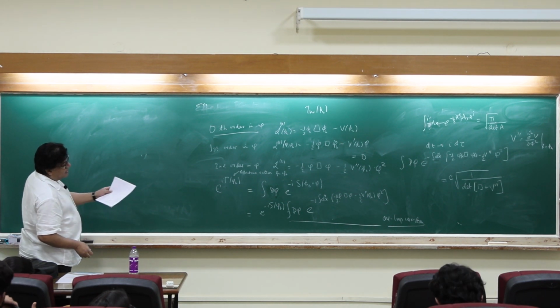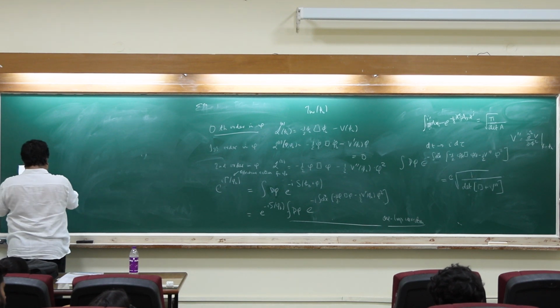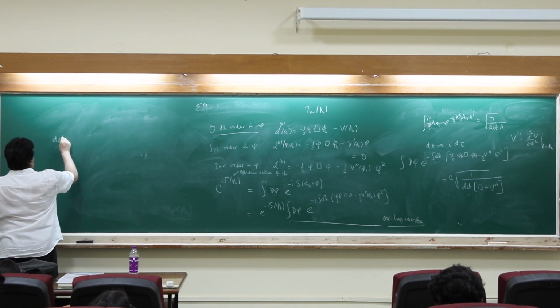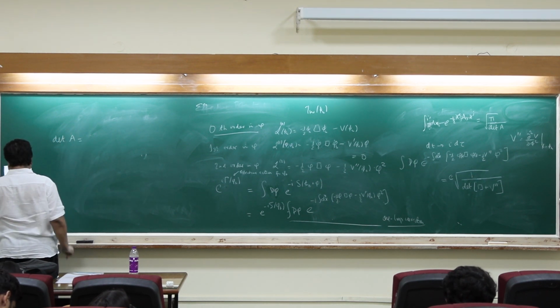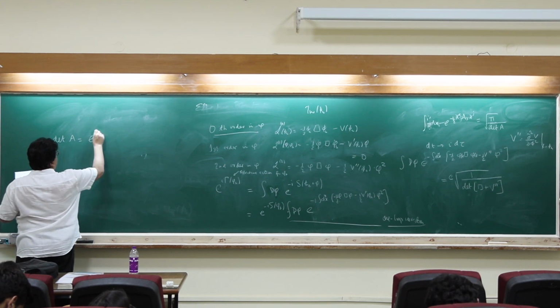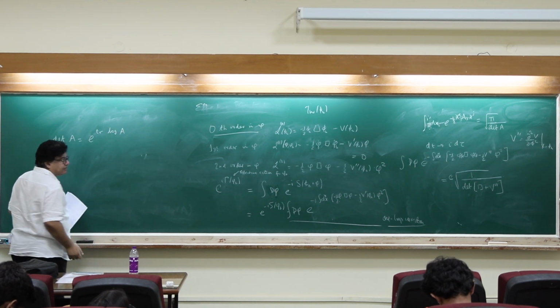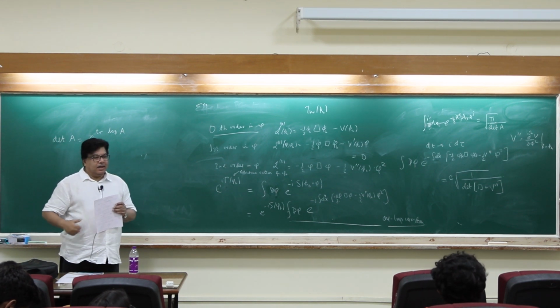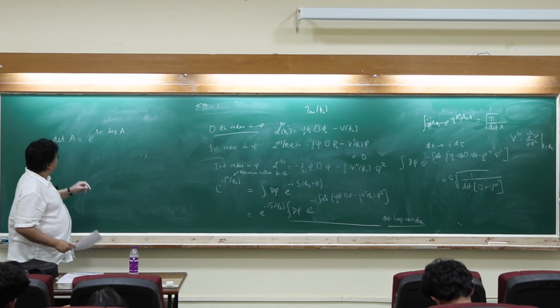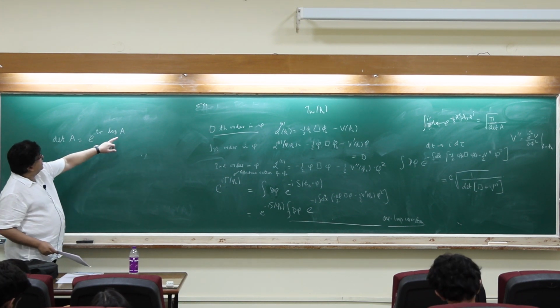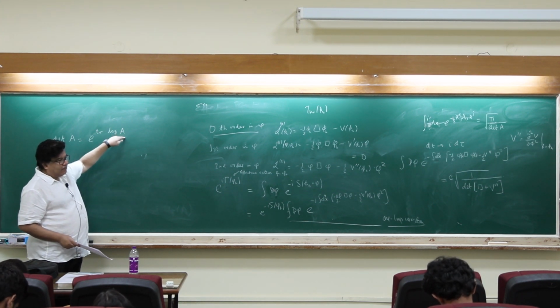So how do I deal with this? Use this relation. The determinant of an operator is e to the trace log A. Okay. And how do you prove this? Again, take this in the diagonal form.